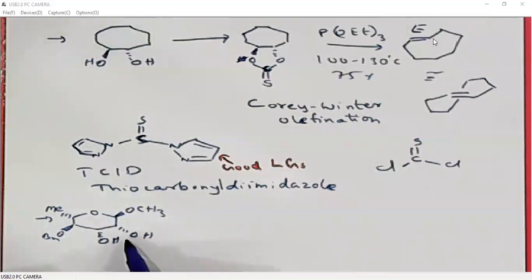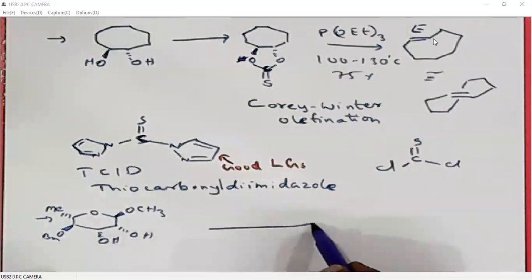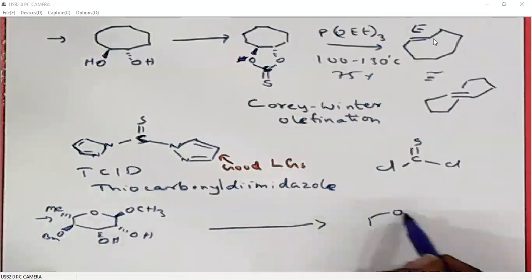So what we can do, we can convert this into an alkene.